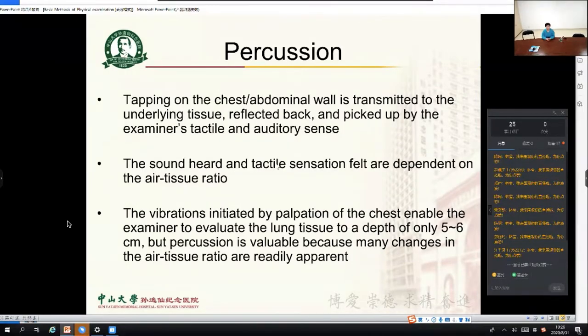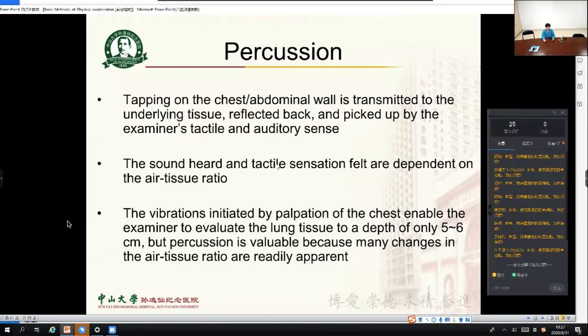Tapping on the chest or abdominal wall is transmitted to the underlying tissue, reflected back, and picked up by the examiner's tactile or auditory sense. The sound heard and tactile sensation felt depend on the air-tissue ratio.